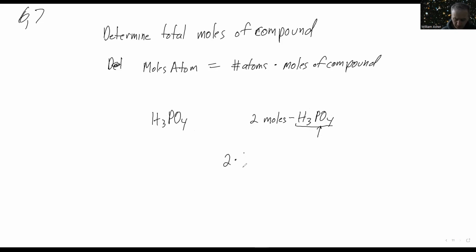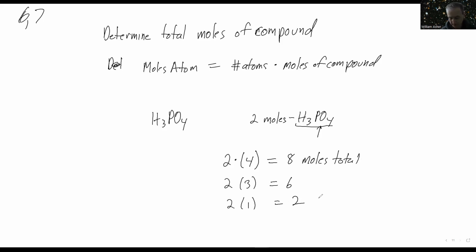So you have 2 moles total times 4, which is 8 moles of oxygen total. For hydrogen, you have 2 times 3, which is equal to 6. And for phosphorus, you have 2 times 1, which is equal to 2. So it's just this coefficient multiplied by the total number of moles. And there are many other examples where I've worked through that in detail to show you how that's done.